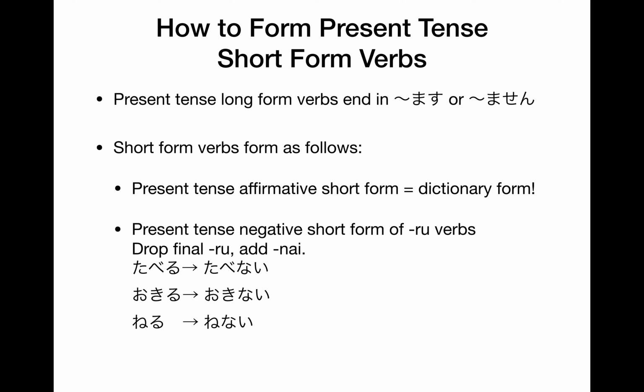And we have been using these long forms, also known as formal forms or distal forms, or just plain old -masu forms. We have been using these for conversation with people we don't know that well or people who are senior to us. This is a really common approach for Japanese language textbooks.